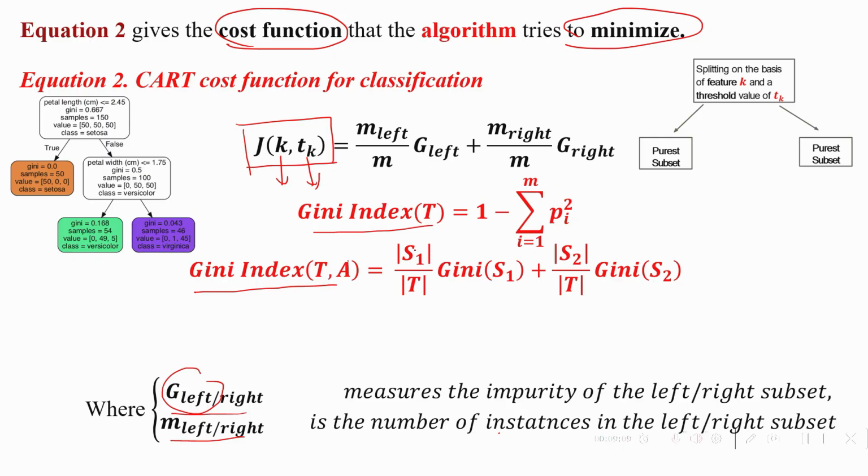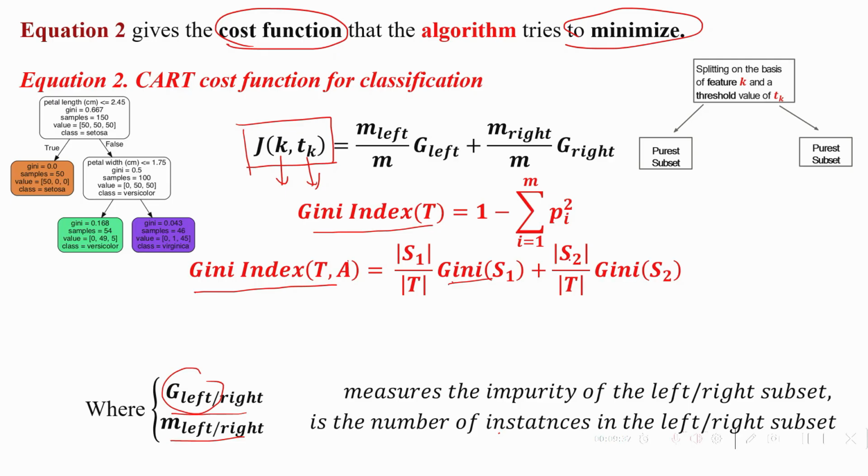Then we find the Gini index with respect to the target variable and attribute A, equal to mod of S1 by mod T into Gini of S1. Here T is the total number of elements in the entire set, and S1 is the number of elements in subset 1, with respect to Gini of S1, plus mod of S2 by mod T into Gini of S2.